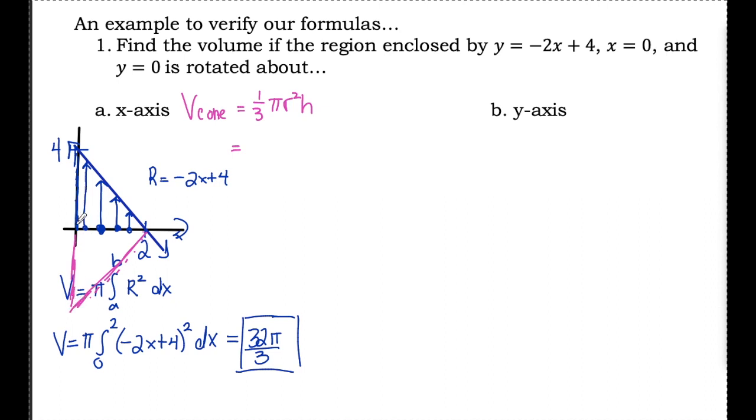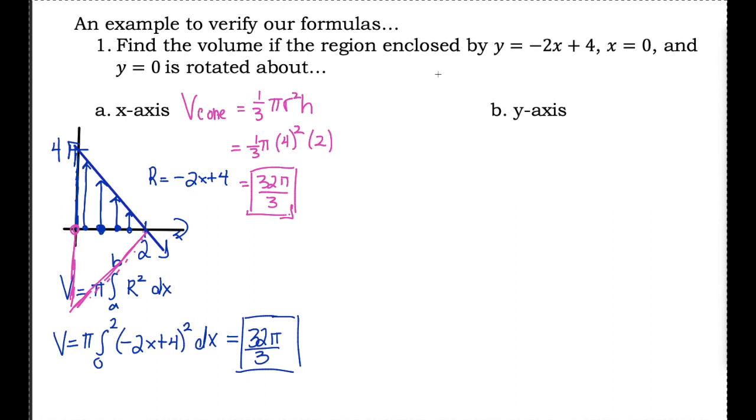So here's the radius of my cone. My radius is 4, and then the height of this cone would be 2. If I work this out, 16 times 2, that's 32 pi over 3. Same thing, same answer, different way. Obviously, our shapes aren't always going to be so nice, something that we could use a regular volume for. For the most part, they're going to be something that you can't use this regular volume for.